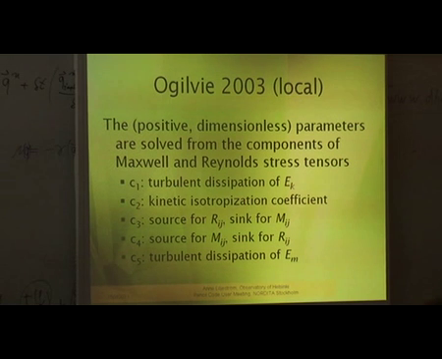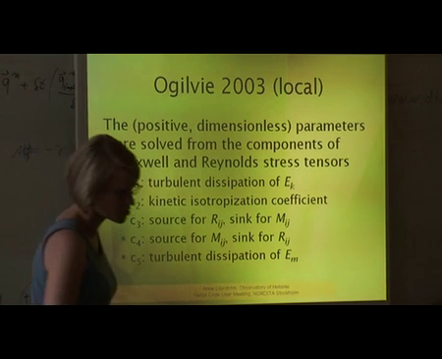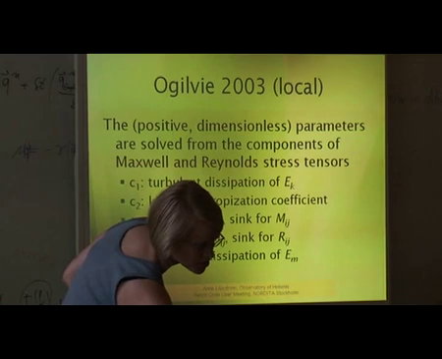In Ogilvie's model, these closure parameters are solved from the components of Maxwell and Reynolds stress tensors. There are 5 parameters, that's what they stand for. It's not really important at this phase.